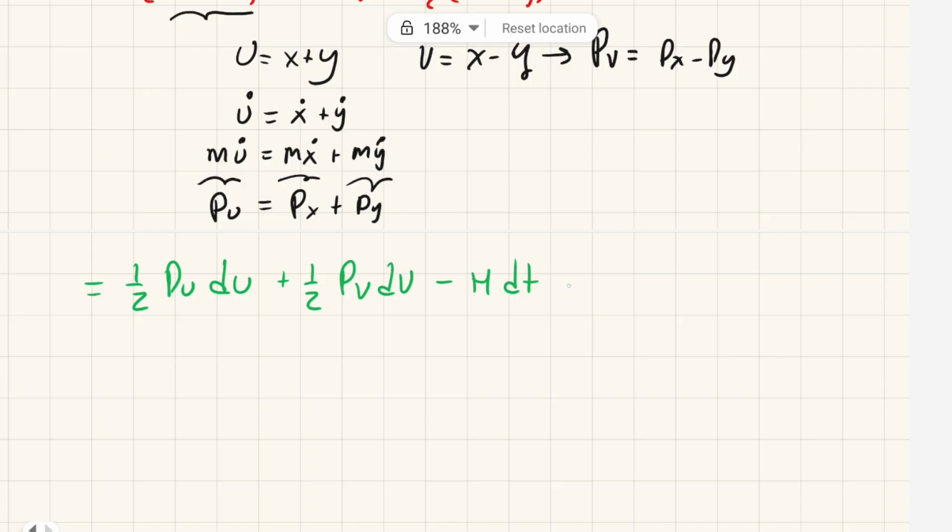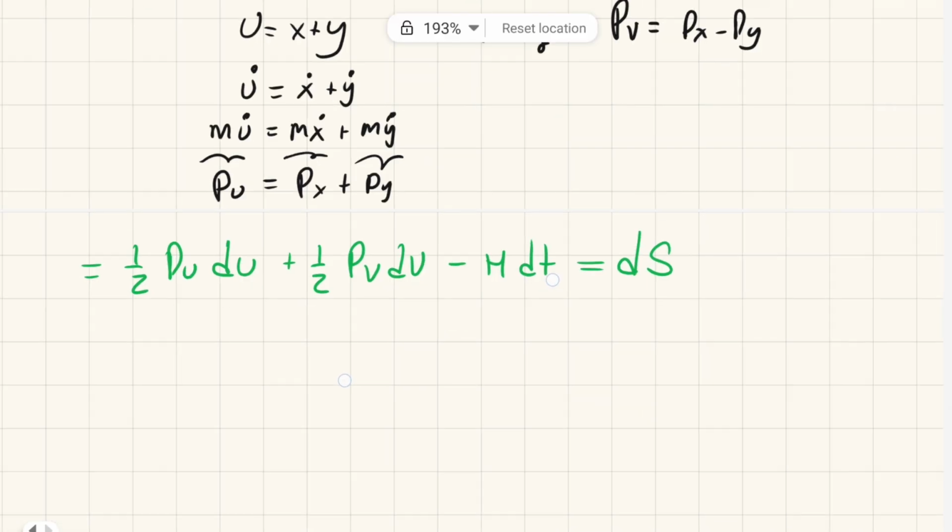Okay, so with this, we can establish that this is equal to the differential of s. And with this, we have shown that there exists a solution to the Hamilton-Jacobi equation that can be expressed as this total differential.